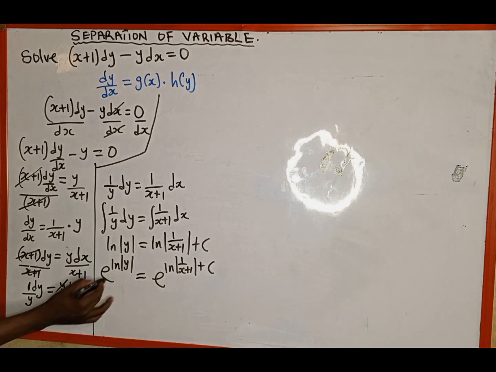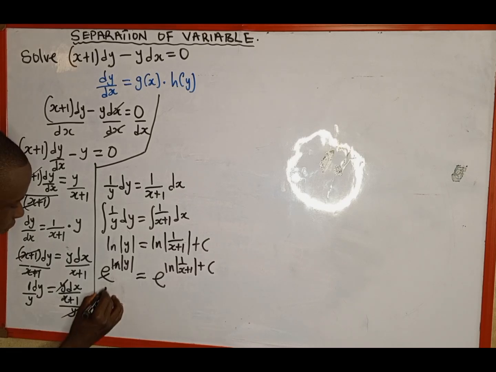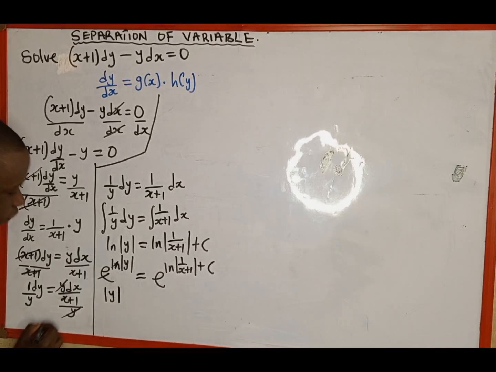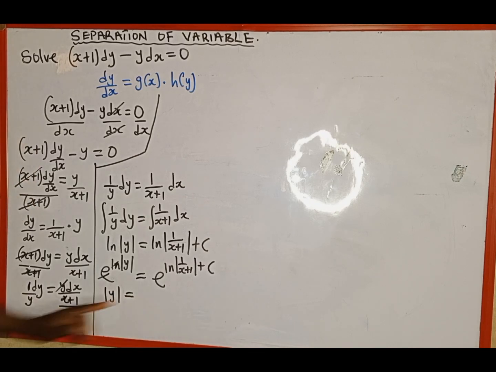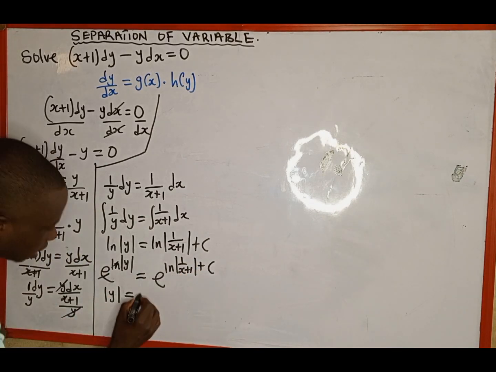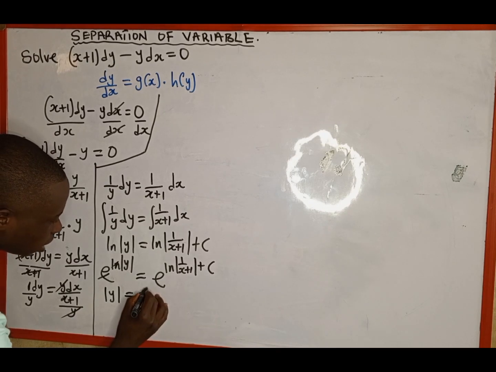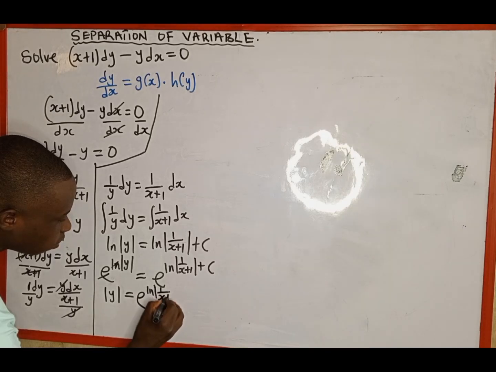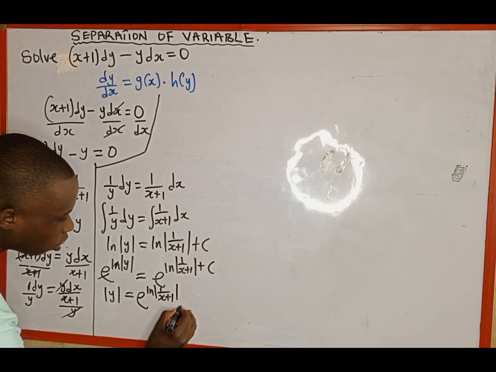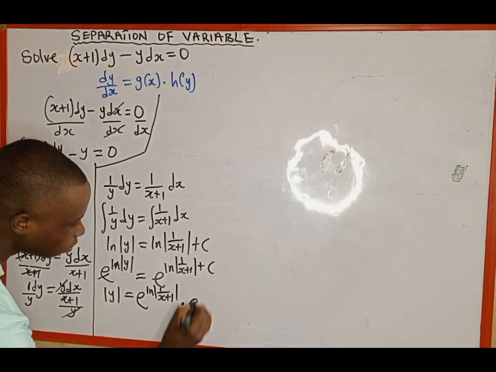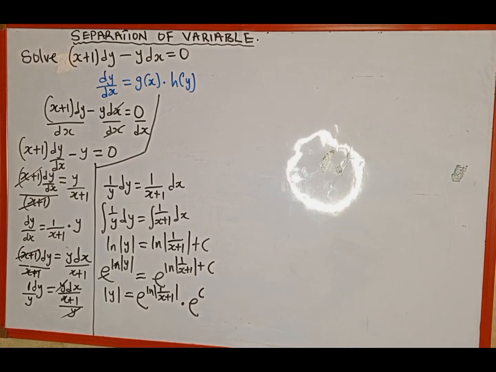We notice that exponential can cancel ln. So on the left side we are left with only the absolute value of y. According to the laws of indices, the right side can also be written as exponential of ln absolute value of x plus 1, multiplied by exponential raised to the power of the constant.